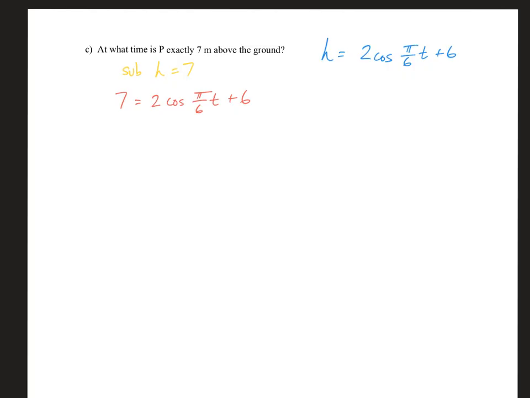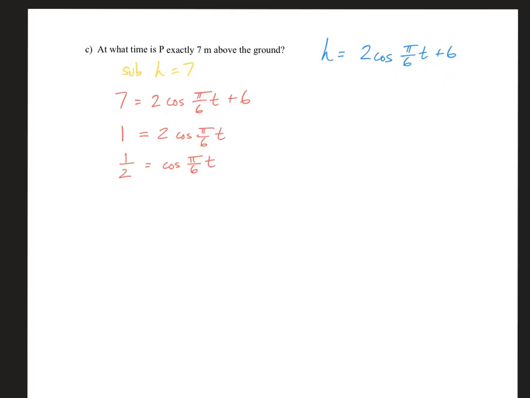So we notice where our variable is. It's inside our ratio, so we have our trig equation. That means that I want to isolate it, so let's get rid of that plus 6 at the end by subtracting 6. We can then divide out the 2, and we come in on that point.